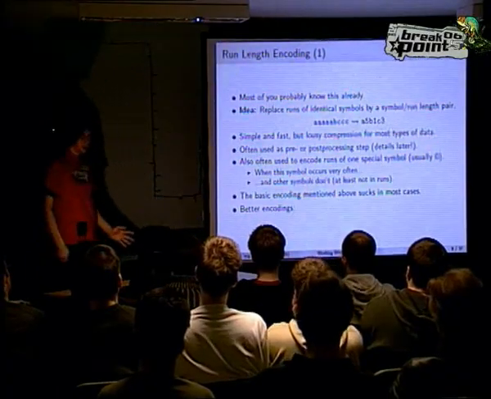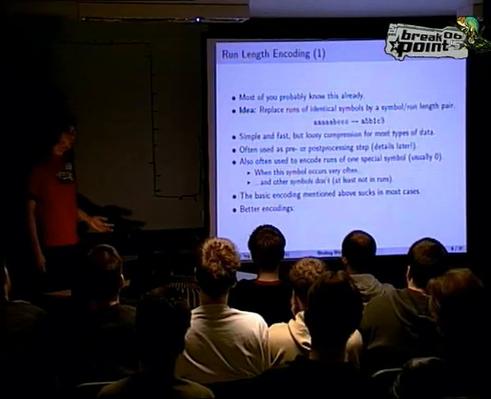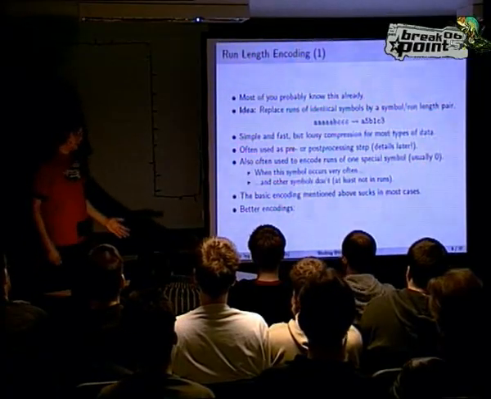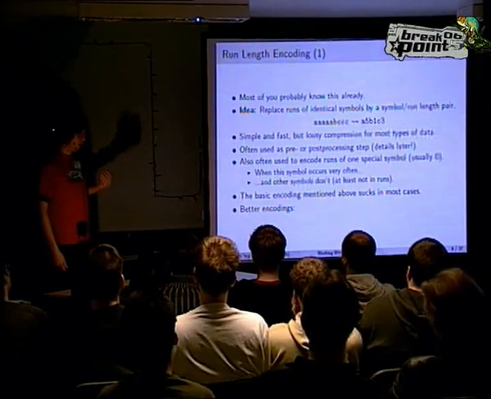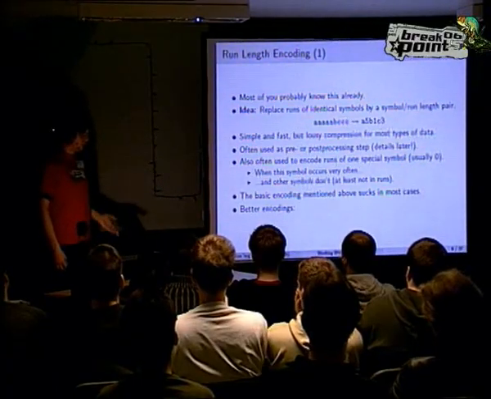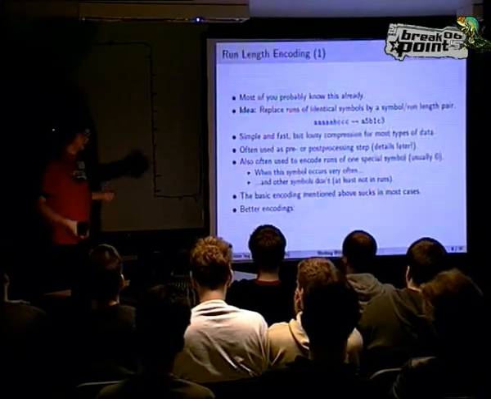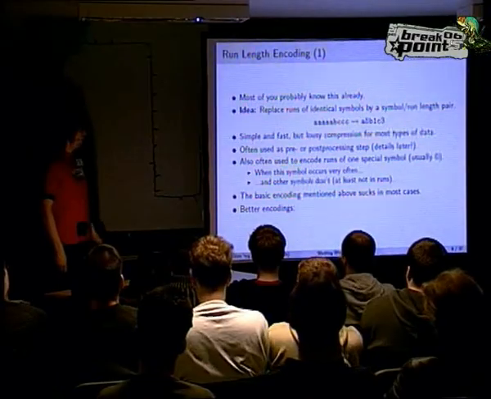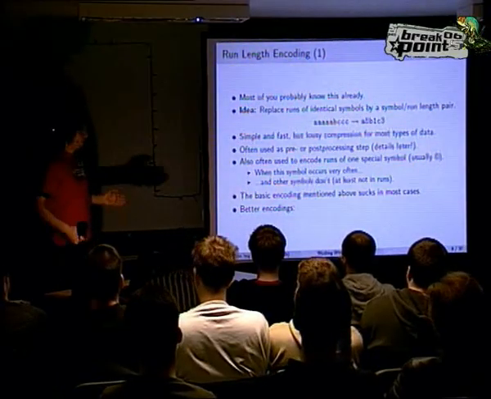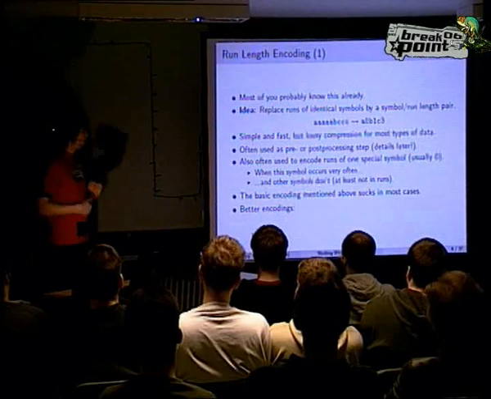This is simple and fast, but it doesn't really work for most types of data. For example, in text data, you really can't expect any compression from this, because in normal English text virtually no letter gets repeated more than twice in a row, which is where you would gain. So this is only interesting for specialized types of data, for example, palletized images.